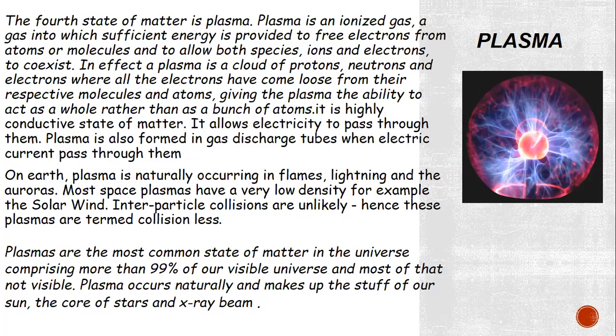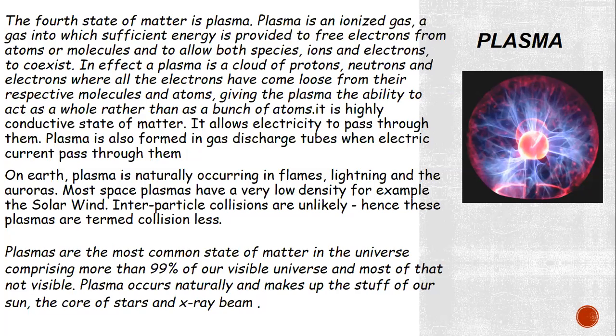If the kinetic energy of the gas molecules goes on increasing, or the gas is continuously heated, it causes gas molecules to move faster and faster. The collisions between atoms and molecules of the gas become so strong that they tear off electrons. Atoms lose their electrons and become positive ions. This ionic state of matter is called plasma.